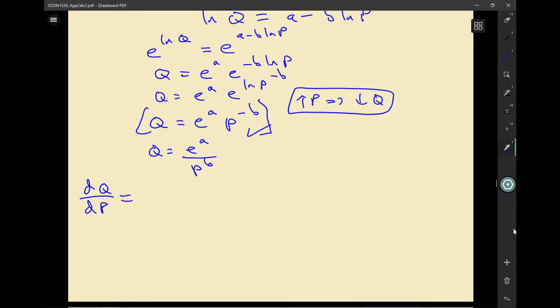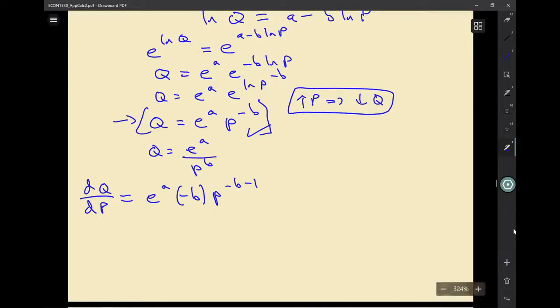And so the derivative of this thing right there is going to give me e^a. Just acts like a multiplicative constant. It's just some number. The negative b comes down from the power rule. So we've got negative b minus 1. And that's it. We've got what they asked it to do.